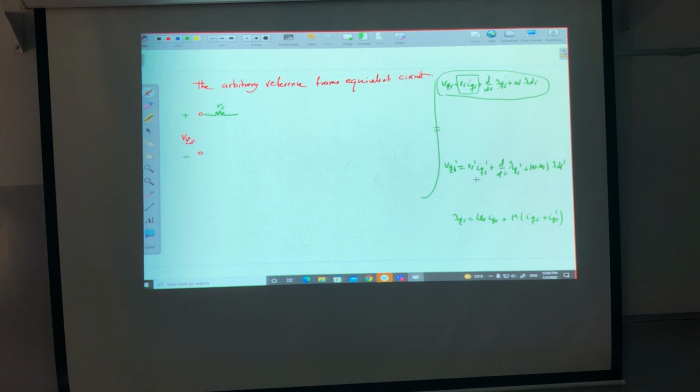But this one contains self and mutual, so I need to have a self-inductance, LLS, and mutual. But also here I have something like a voltage source. This voltage source has a value which is omega multiplied by lambda. So here I will add a source, plus minus, omega lambda dr. Now I will put the inductance.